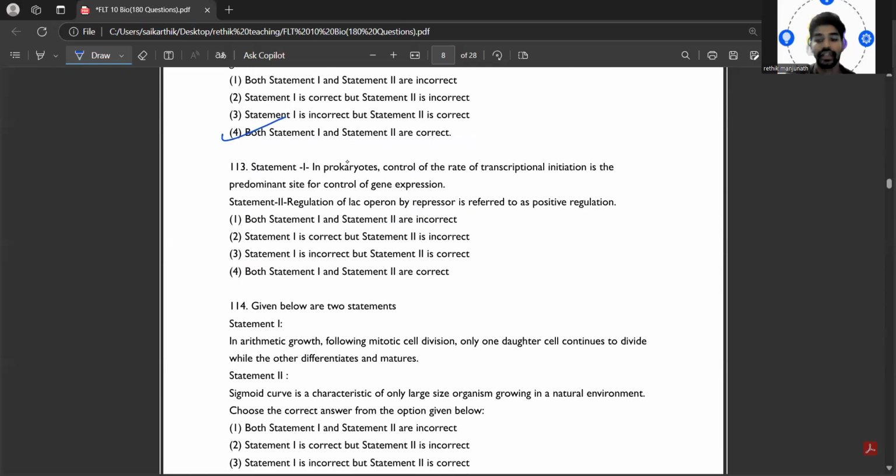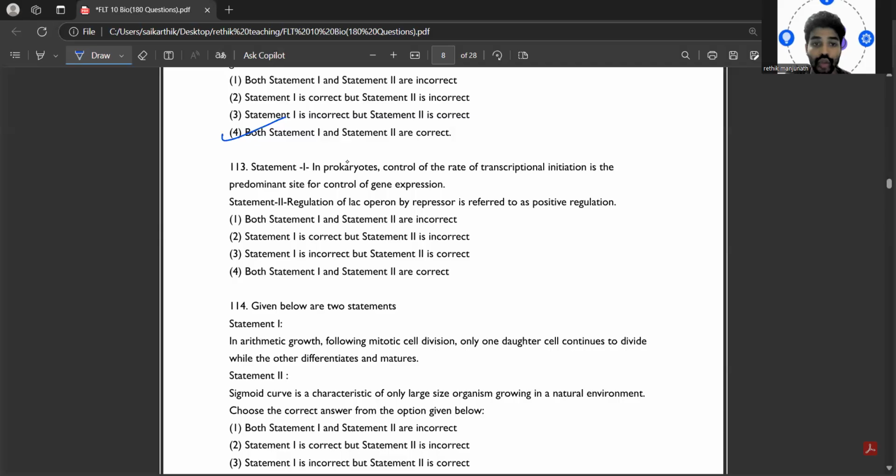So the next is 113. Statement 1 says that in prokaryotes, the control of the rate of transcriptional initiation is the predominant site for control of gene expression. Statement 1 is correct.